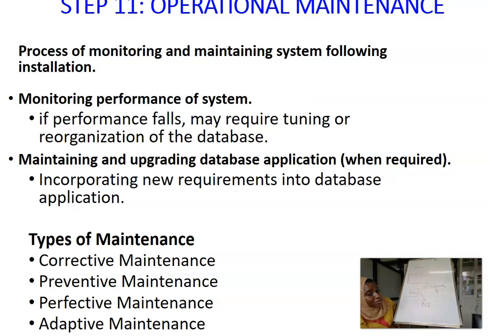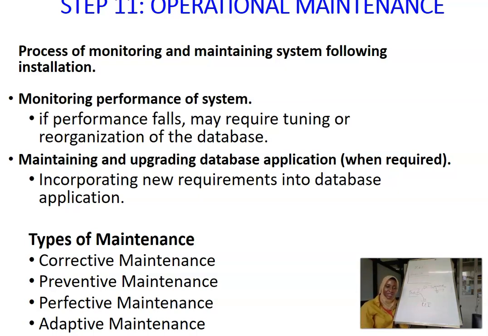That is what we refer to as corrective maintenance. And then we have preventive maintenance. Preventive maintenance is where you prevent other things from happening. You prevent viruses from attacking your system. You put up safeguards to make sure that the system is not attacked.